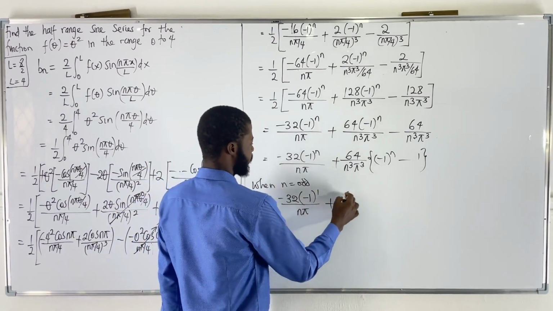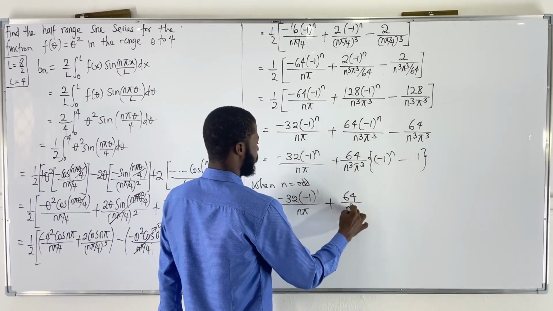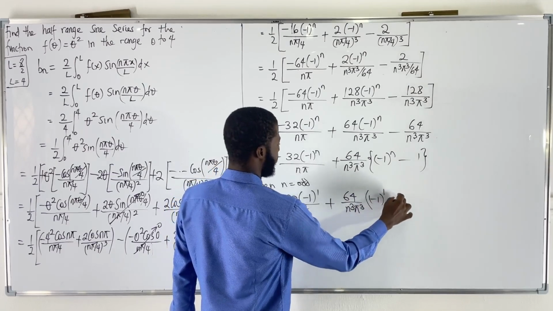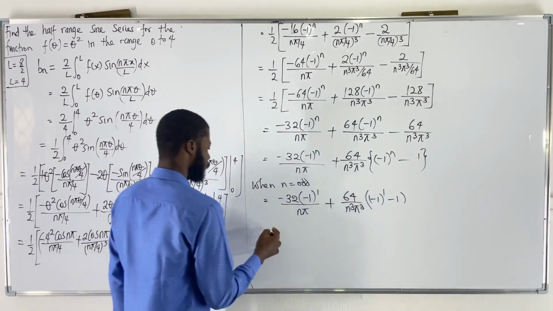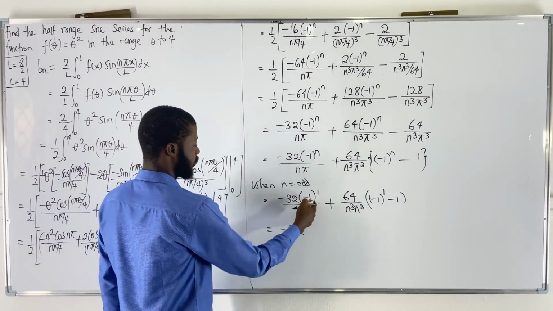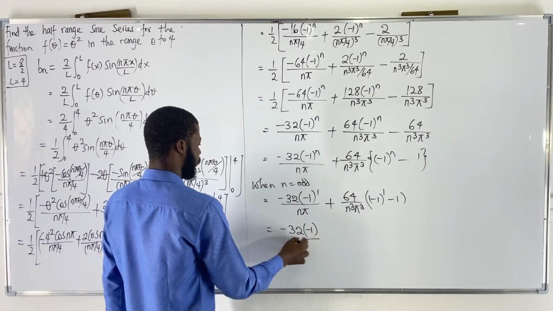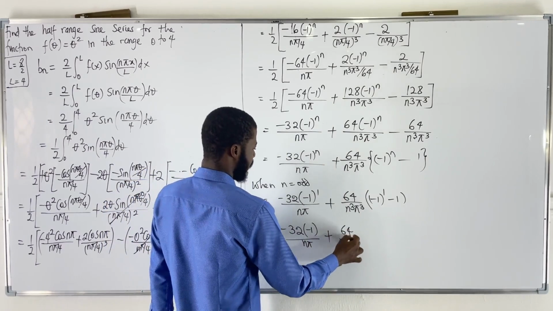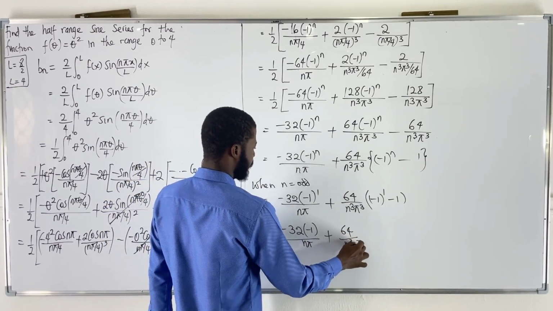And this will be plus 64 divided by n cubed pi cubed into minus 1 to the power of 1 minus 1. So this will be minus 32. Now minus 1 to the power of 1 is just minus 1 over n pi plus 64 divided by n cubed pi cubed.